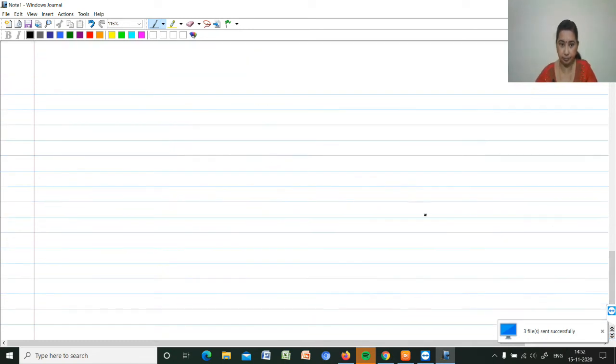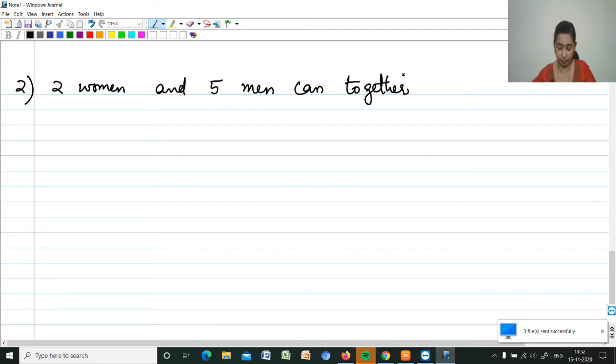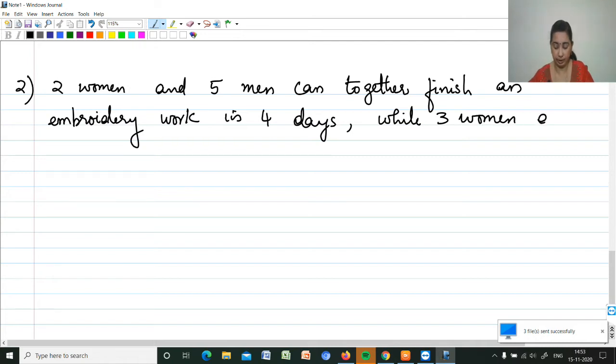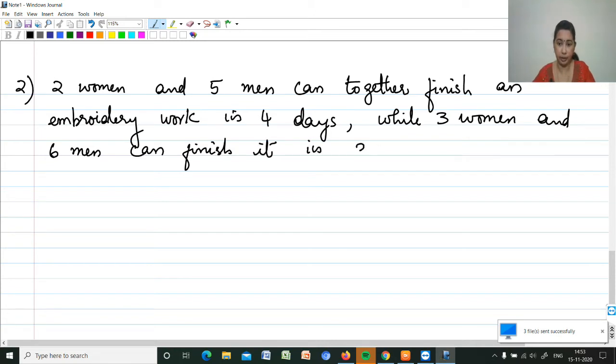Now second question. 2 women and 5 men can together finish an embroidery work in 4 days, while 3 women and 6 men can finish it in 3 days.